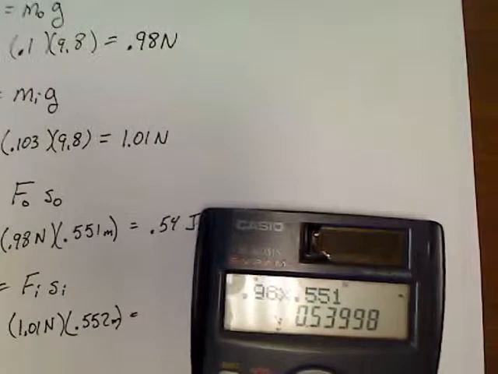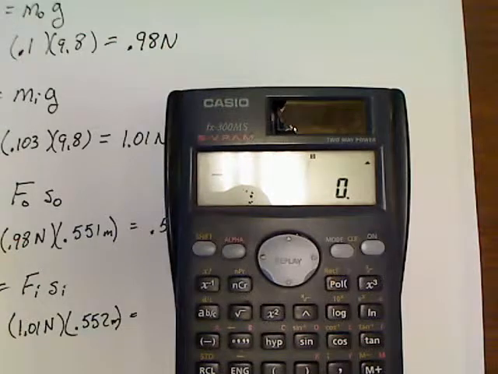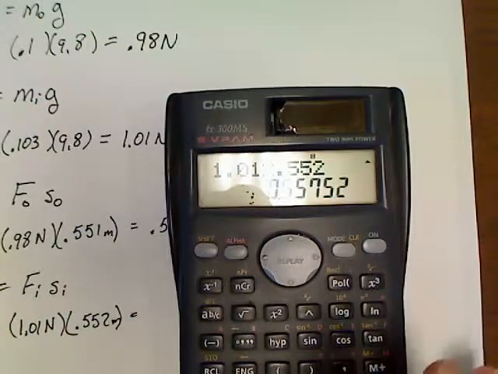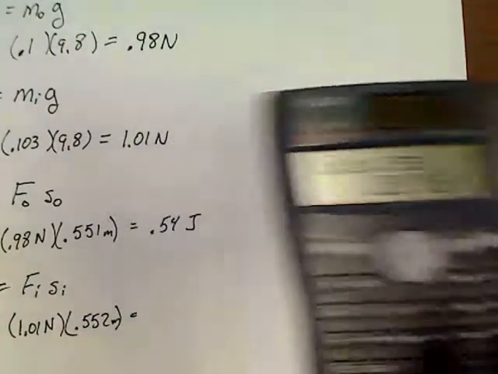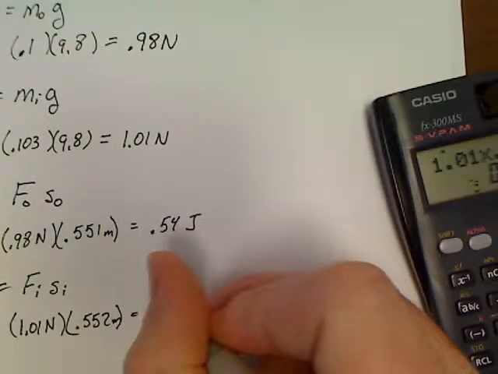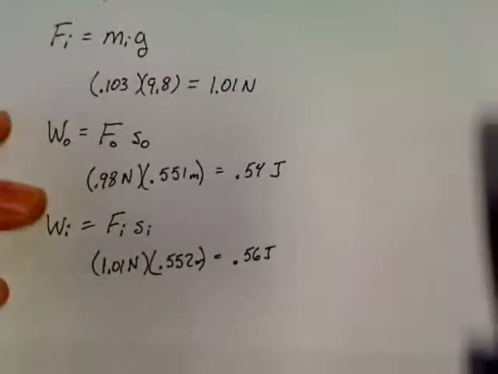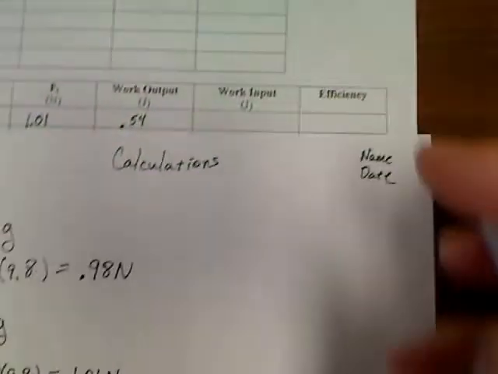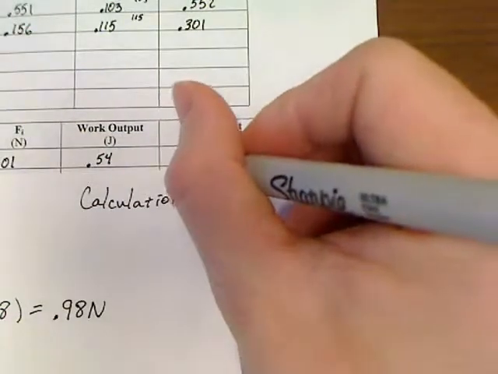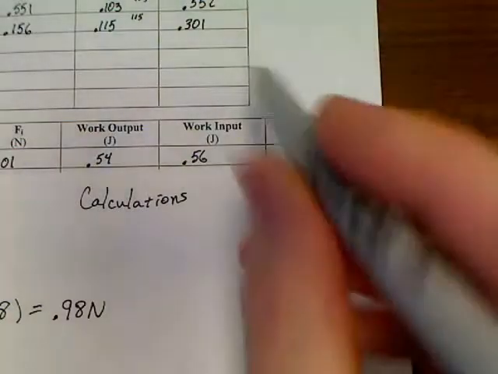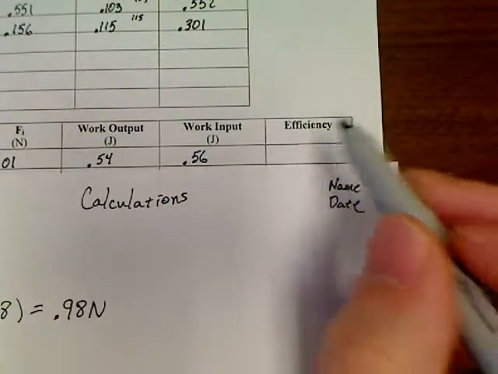And now we can plug that in as well. Looks like we'll have 1.01 times 0.552, 0.557, so we'll say 0.56 joules. Alright, one more equation is left. I need to fill that in here, 0.56 joules. Last column left, and we're done with the lab.